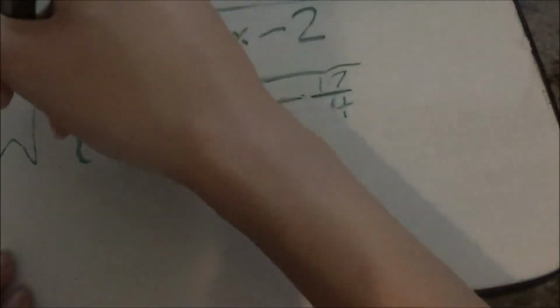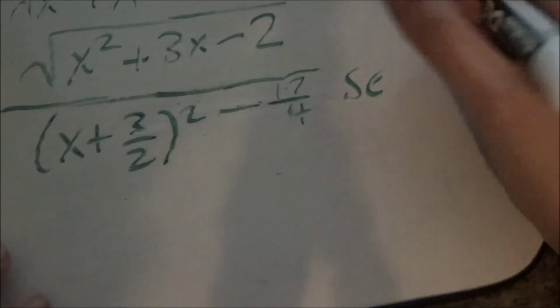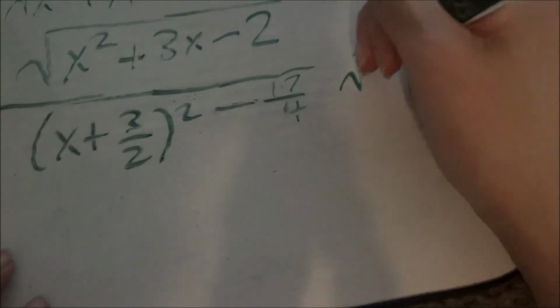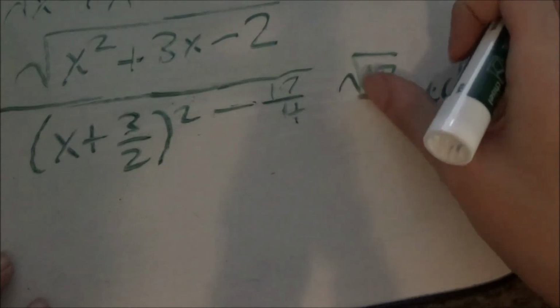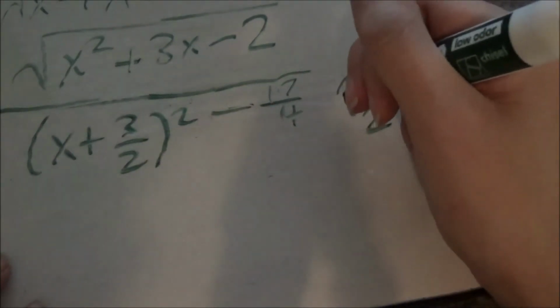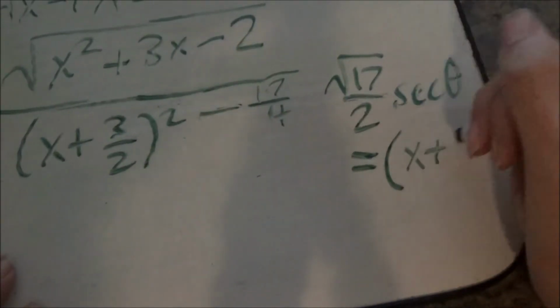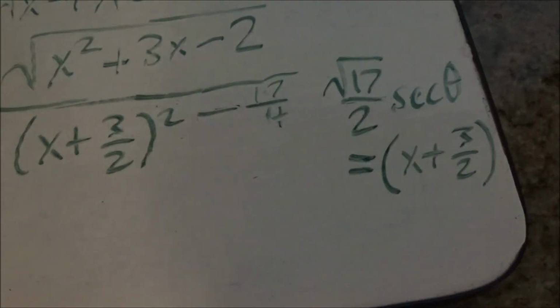And then you're gonna have to do let secant. That's so disgusting. 17/4 secant 2. We're gonna let this equal x plus 3 halves. Trig sub, and then good luck. Okay. All right. That's that for that integral.